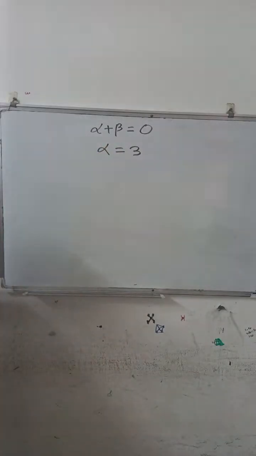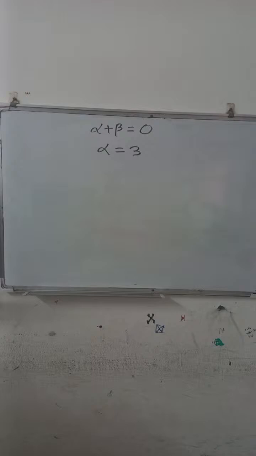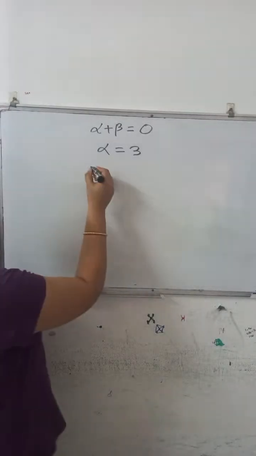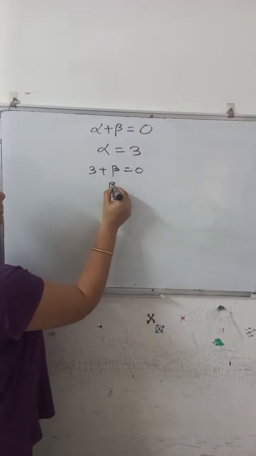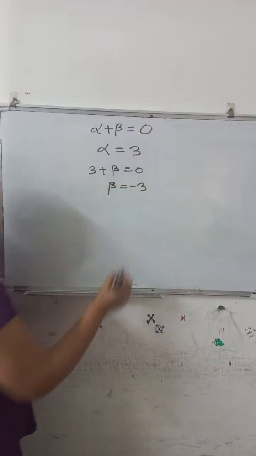Once you get this, they are asking to find the equation. One of the zeros is 3, so I will substitute: alpha is 3 plus beta is equal to 0, so beta is minus 3.